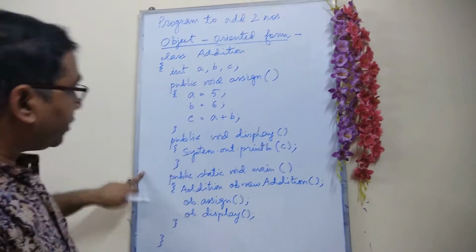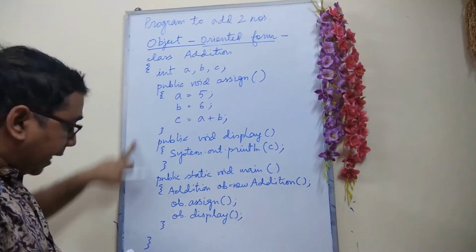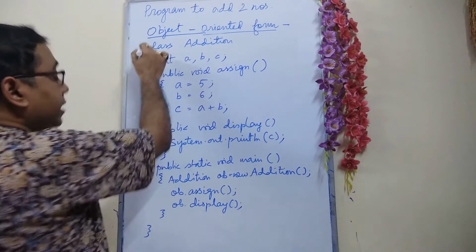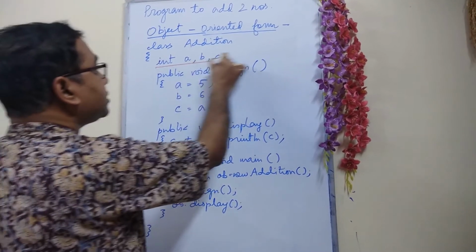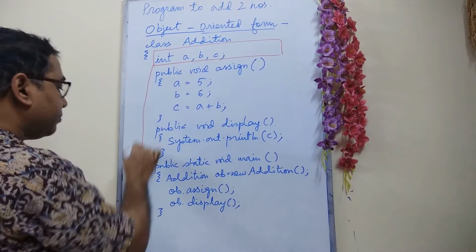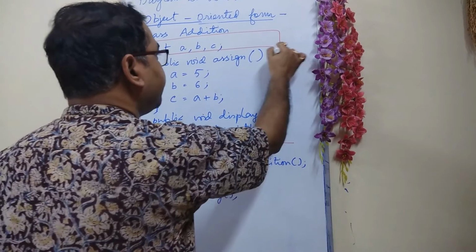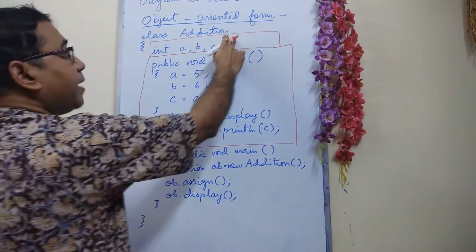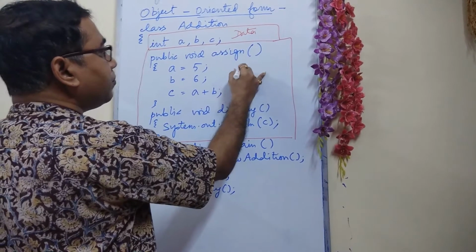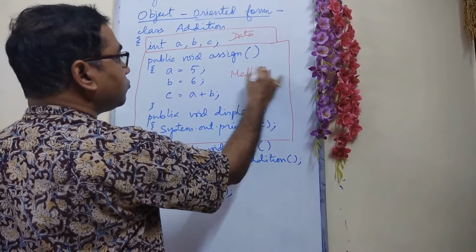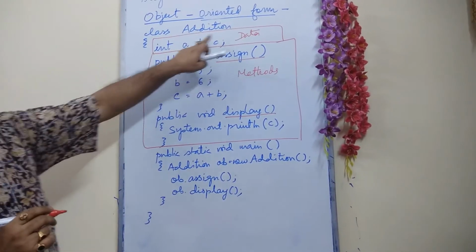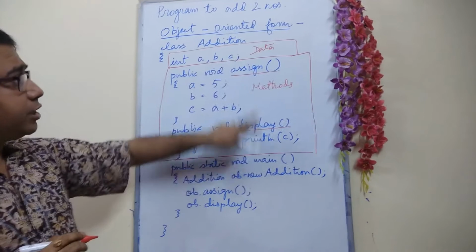You can see the difference. First of all, the program length has increased. This is the entire class. Now the class is divided into two parts. This part is your data part. This part is your methods or functions. These data can only be accessed by these two methods.